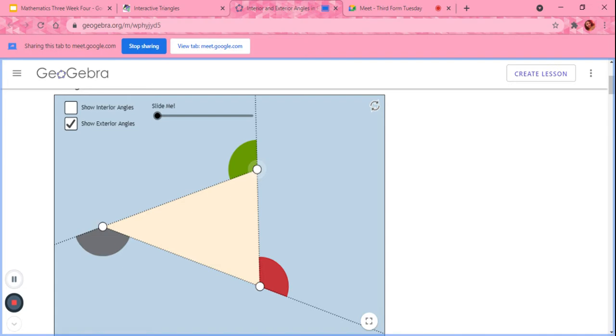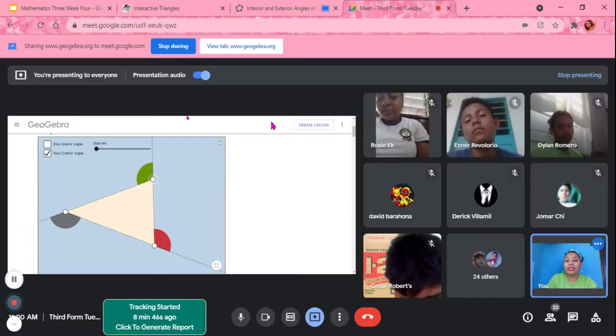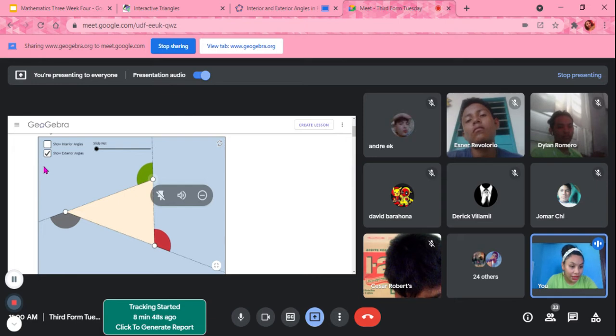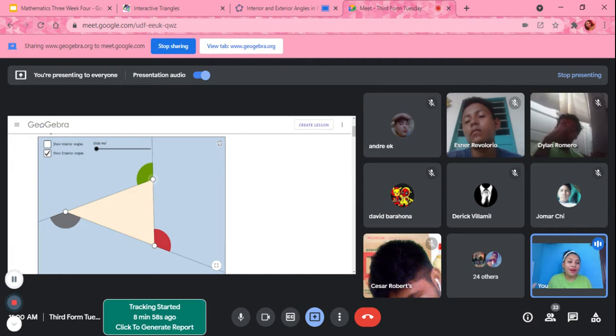The last theorem talks about exterior angles as well. All right? So now what does it say about exterior angles? It says that the three angles on the outside have to add up to how much?